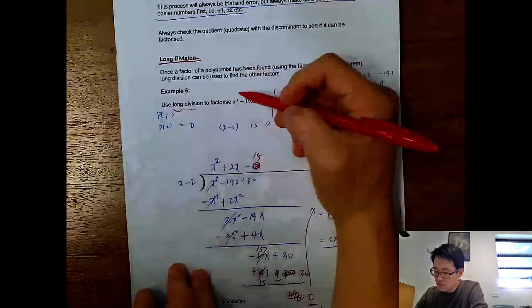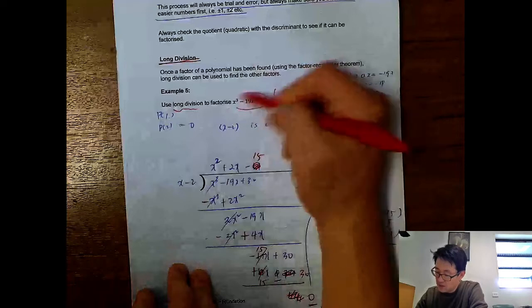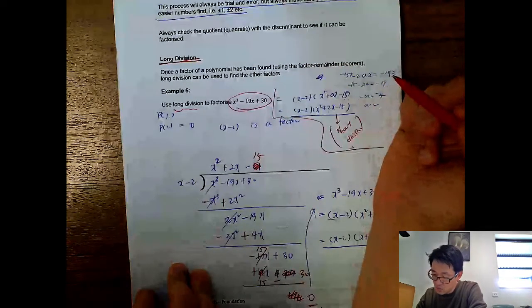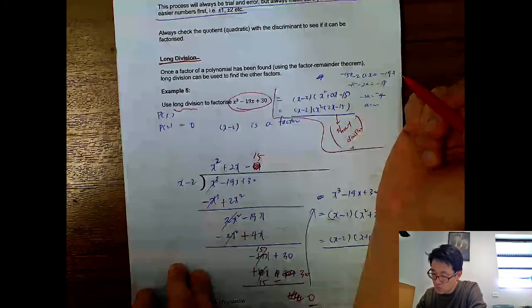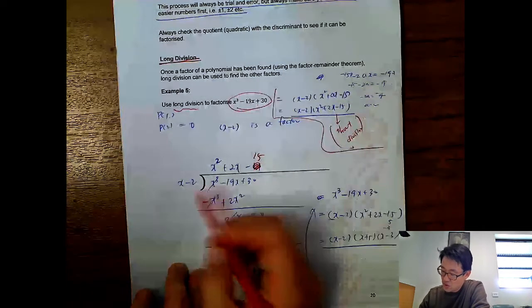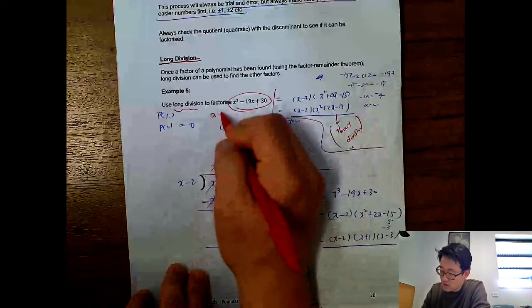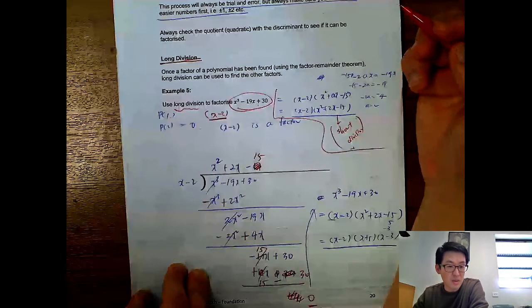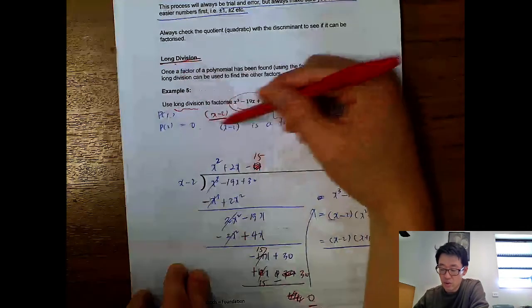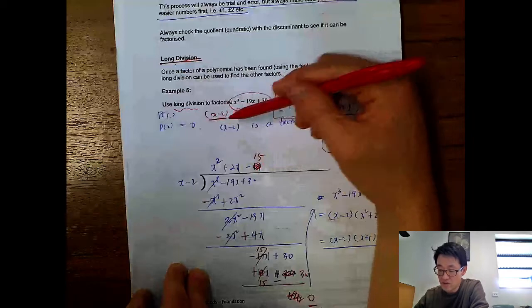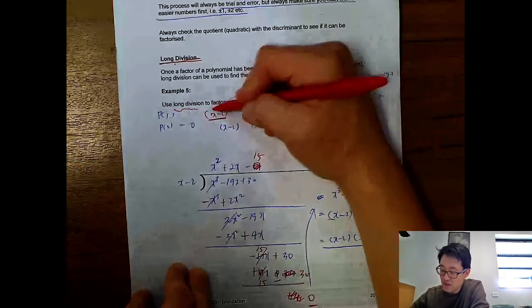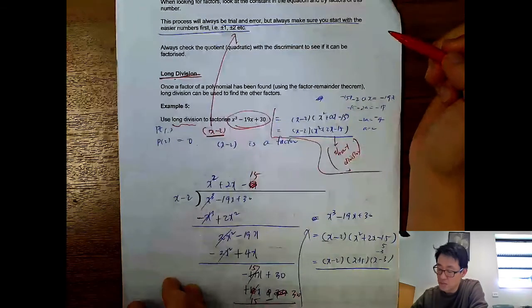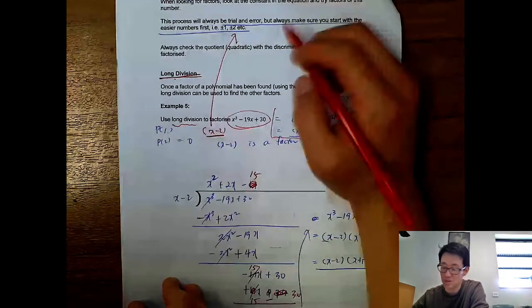Use long division to factorize this, dividing by x minus 2. Where did I get the x minus 2? Usually it's probably given, but if one factor is not given, you have to find the factor using trial and error, which means you basically plug in all the numbers.